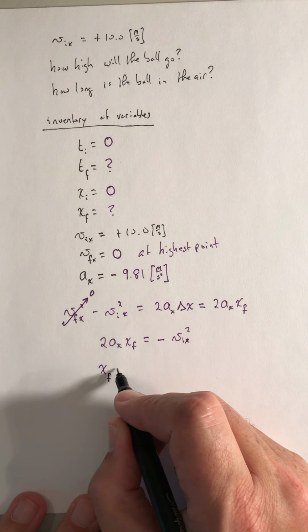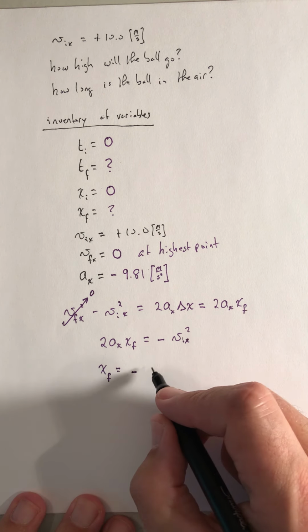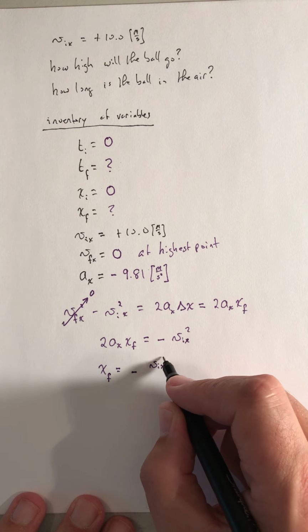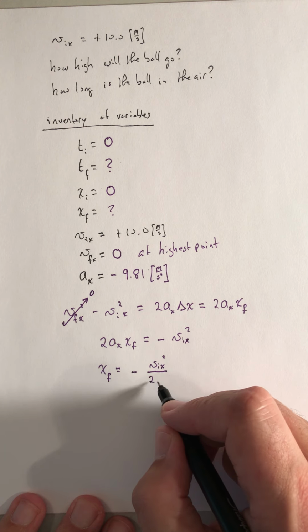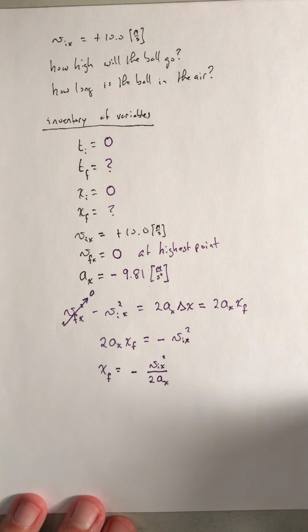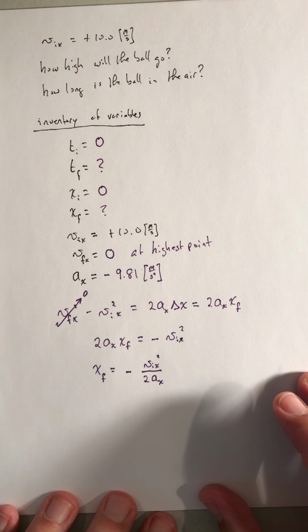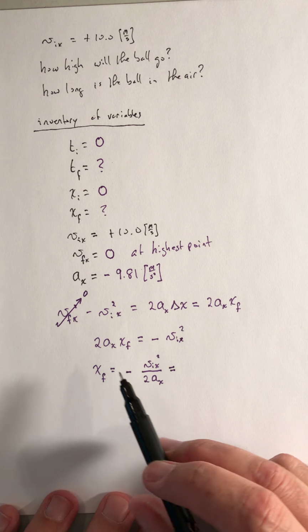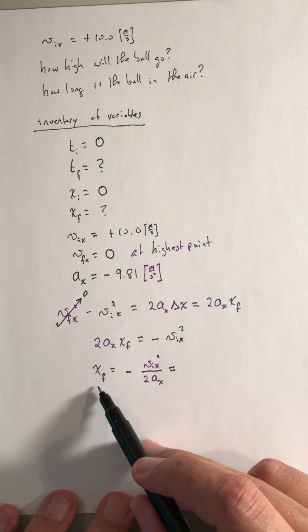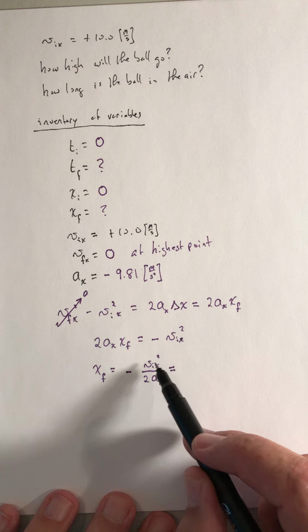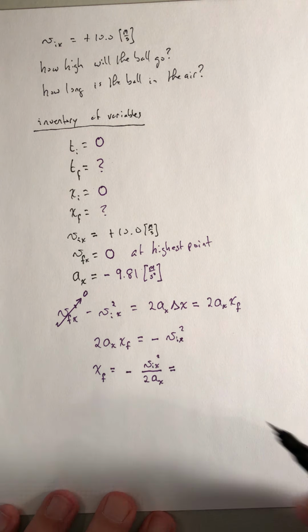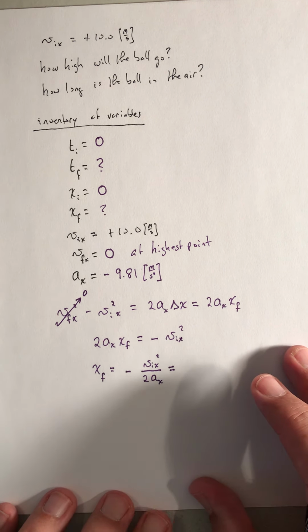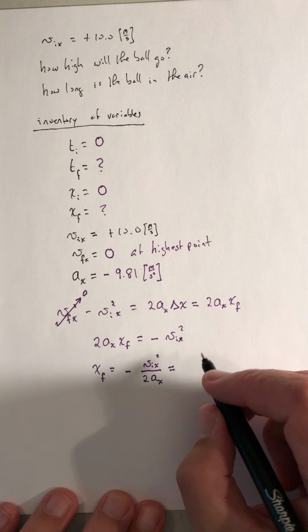So x final is going to be minus v initial x squared over twice the acceleration. We can put in our values for that. So we have an equation with the thing we want all by itself on the left, and everything on the right hand side is known. So I know I'm all done with my algebra. I'm ready to compute something.